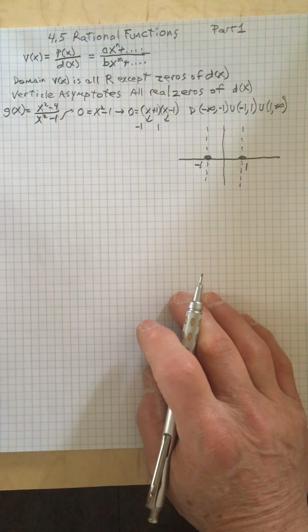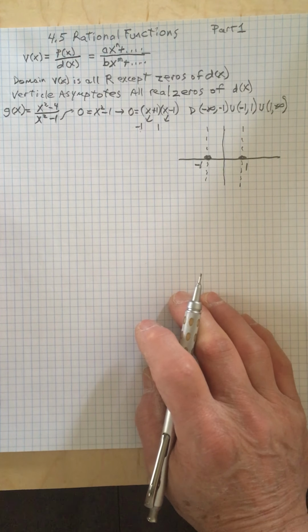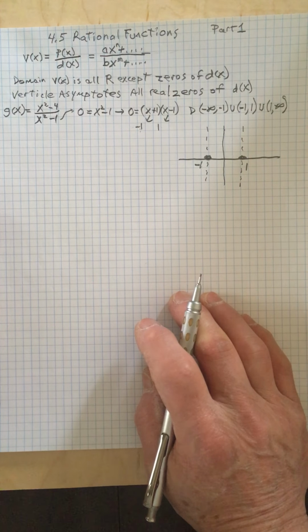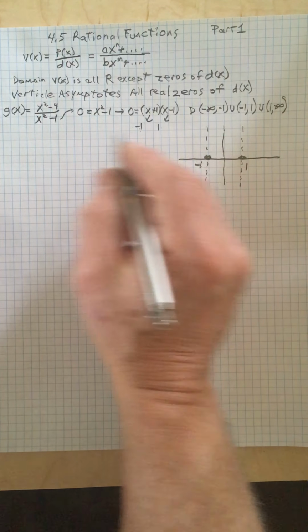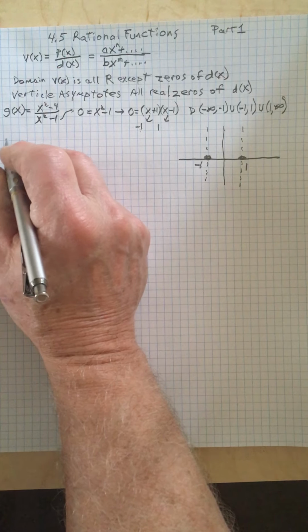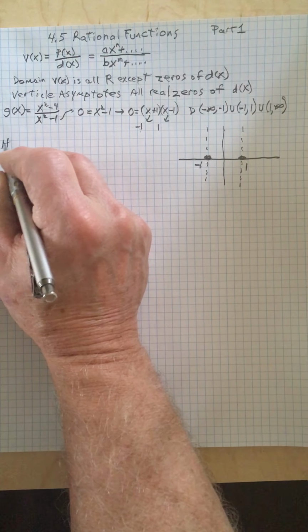Okay, and the curve's going to be somewhere in there. We need to look further here. Okay, next we want to see if there are any horizontal asymptotes. So that's a little bit trickier, but not too difficult.